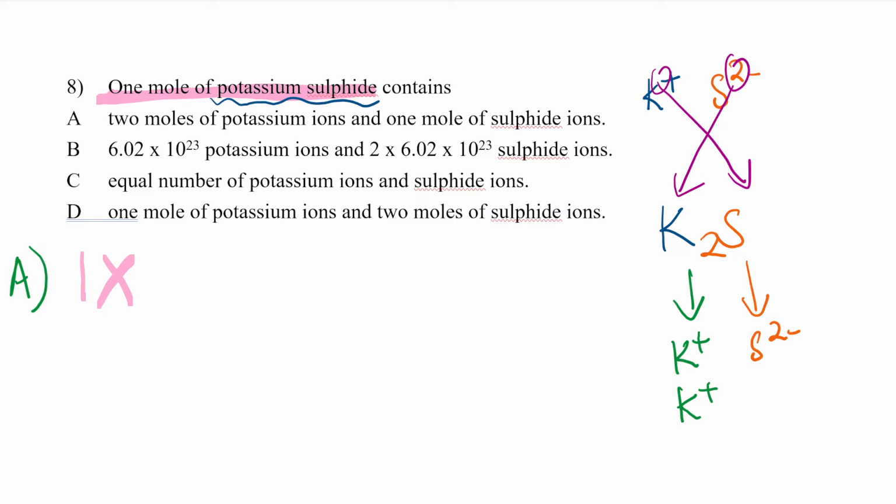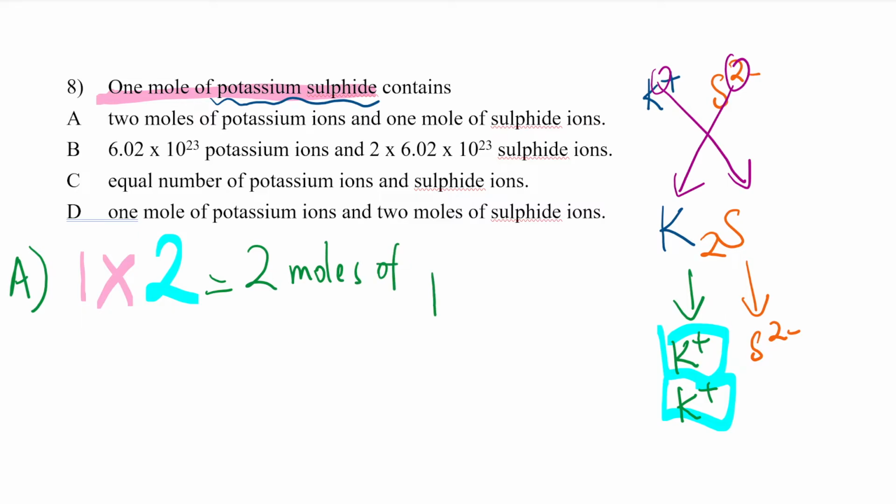Here I have 1, 2. So 1 times 2 for potassium ion, this is indeed true. I have 2 moles of potassium ions, which in other words, we are talking about the cation. So this first part of this statement is correct.